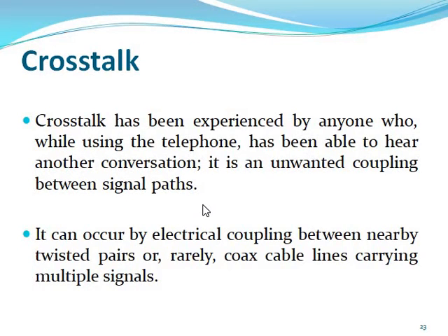Then last we can show what is crosstalk. Crosstalk has been experienced by anyone who, while using the telephone, has been able to hear another conversation. It is an unwanted coupling between signal paths. You can see that in many times you have a telephone cable.